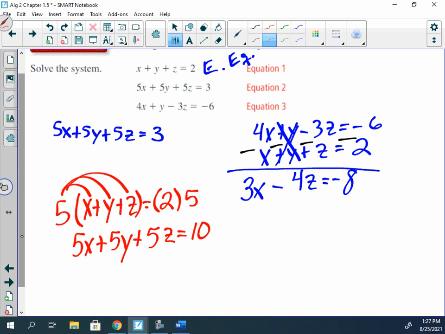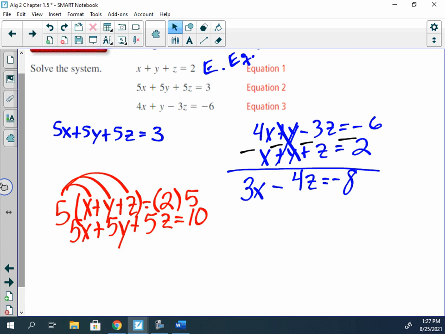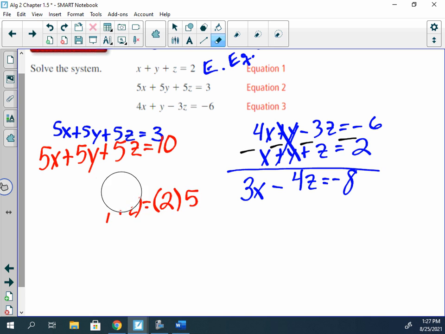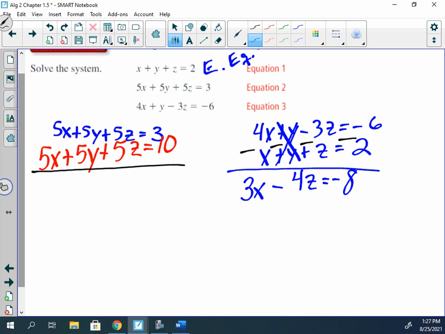So I think when y'all multiply through, you got 5x plus 5y plus 5z is equal to 10. So let's line this up right under here. So are the signs the same or opposite for our y's?